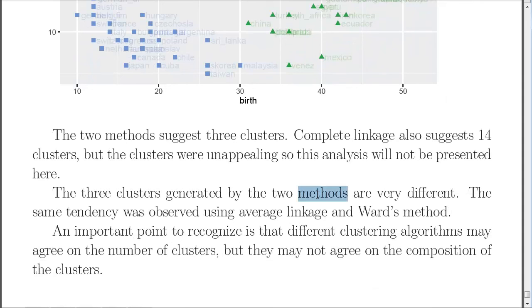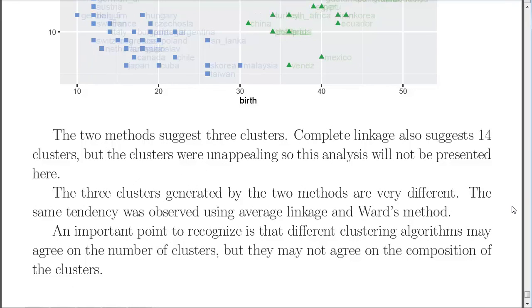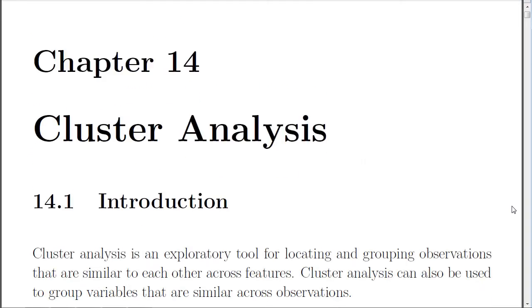So try different methods and find a story in the data that is compelling and is supported by other contextual evidence that you have about the data. You can think of cluster analysis as being fairly sloppy, but just a way for you to explore the data. All right, that is the end of chapter 14.